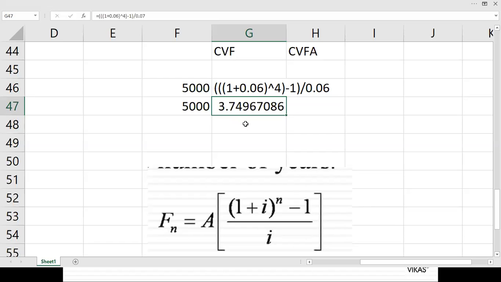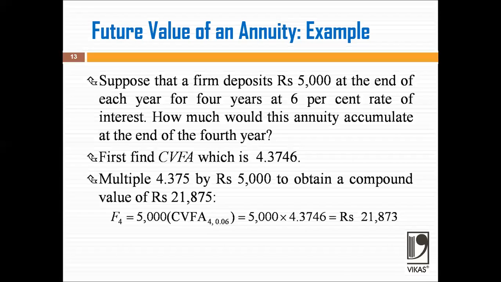4.7496. Now, 6% at the end of each year for the 4 years. Is it 4, no?